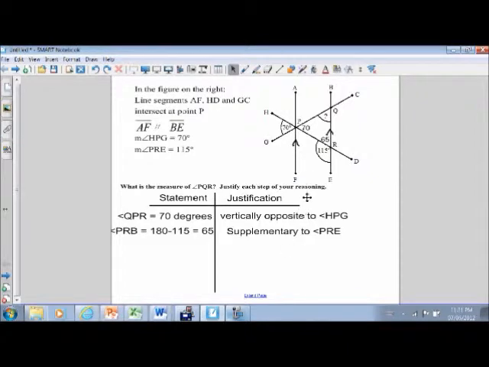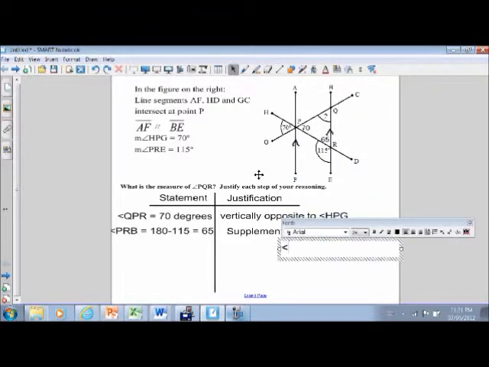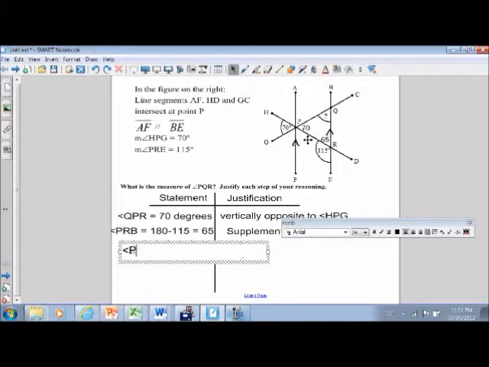All right, in our last statement here, this one's 70, this one's 65. We can figure out angle Q. Pardon me, I have to be more specific than just angle Q. It's over here, angle PQR. Angle PQR equals 180 degrees, because there are 180 degrees in a triangle, minus 70 degrees for angle QPR, minus 65 degrees for angle PRQ. I'm just going to move it down here.